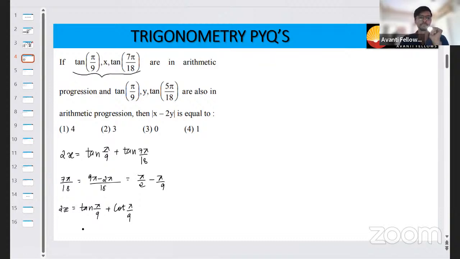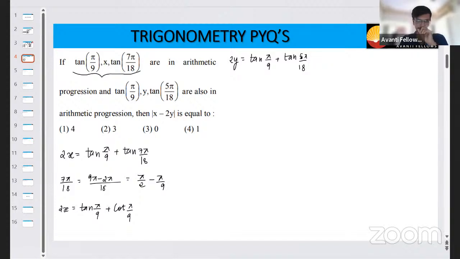Correct? So what will be x? X will be this divided by 2. Okay. And similarly, we can calculate y. Let me calculate y. 2y will be equal to tan pi by 9 plus tan 5 pi by 18.